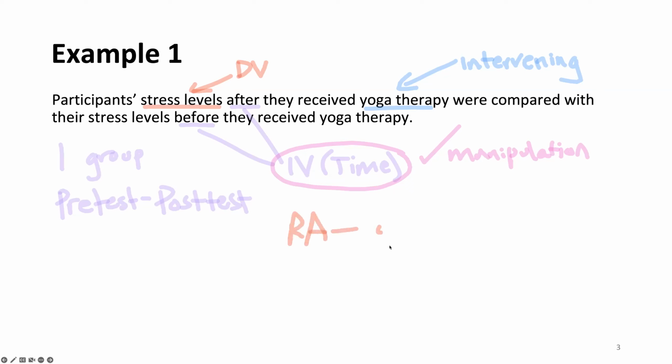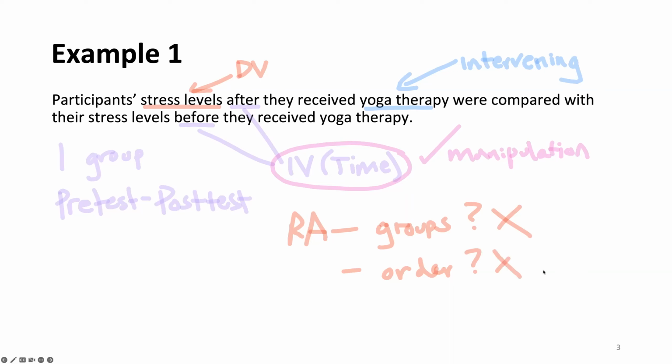Are we randomly assigning to groups? No, we don't have groups, right? So we are not randomly assigning to groups. Are we randomly assigning to order of conditions? No, there's no order. Everybody does the same thing, right?